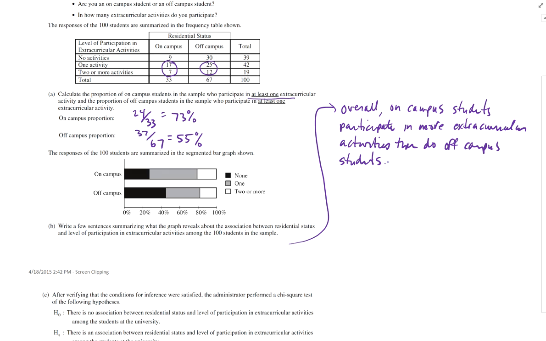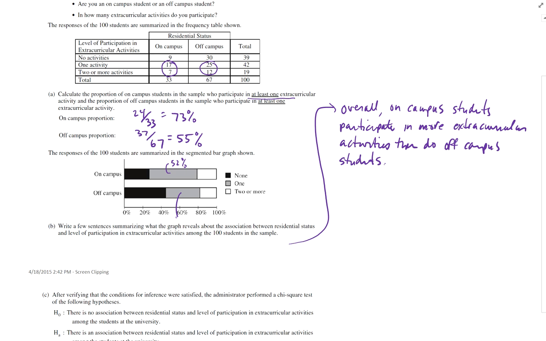I'm going to be a little bit more specific here. And I'm going to say, looking at these, and you can actually calculate these numbers, which is probably not a bad idea to do. This number right here is 17 out of 33, so that's 52%.